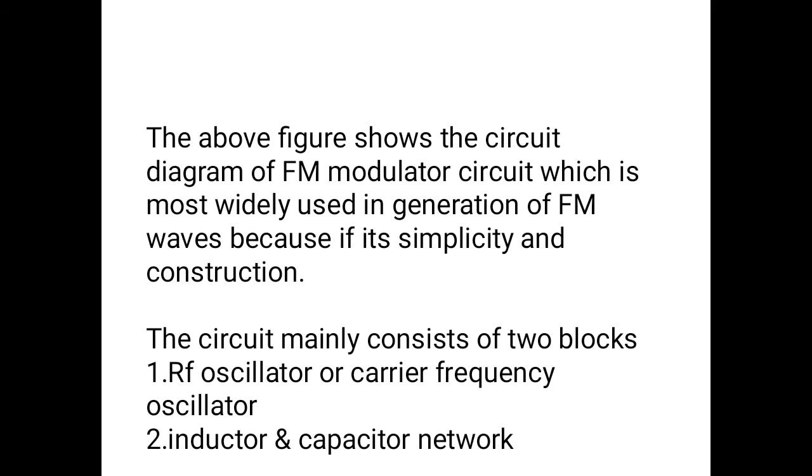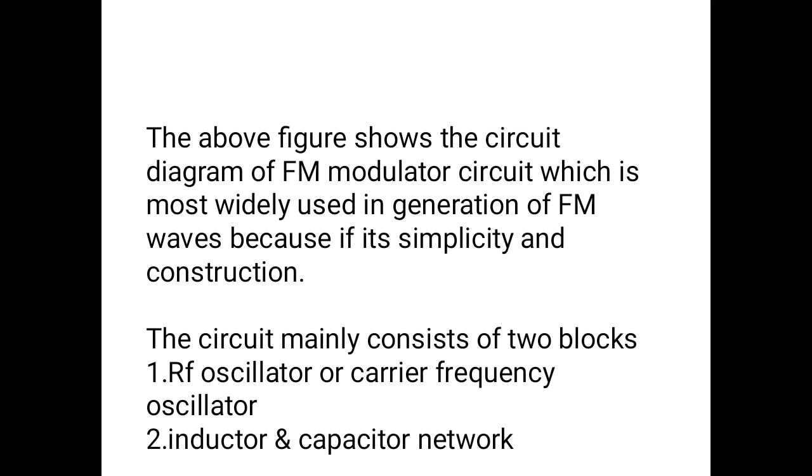The other is one inductor and one capacitor, which are easy to connect and handle, and they do not occupy much space. So in FM wave generation, we will use the FM modulator widely. Similarly, for generation of AM waves, we used the AM modulator widely.